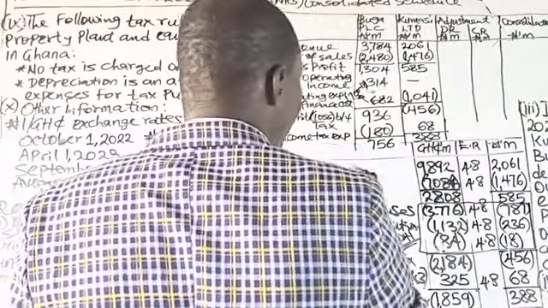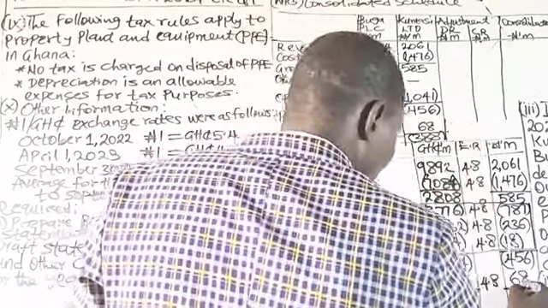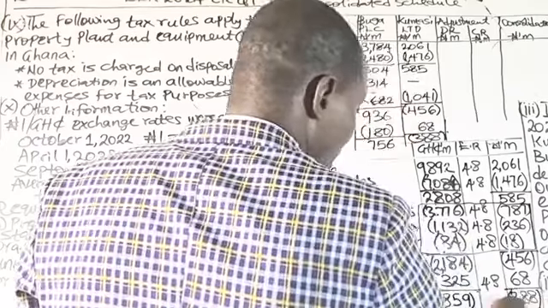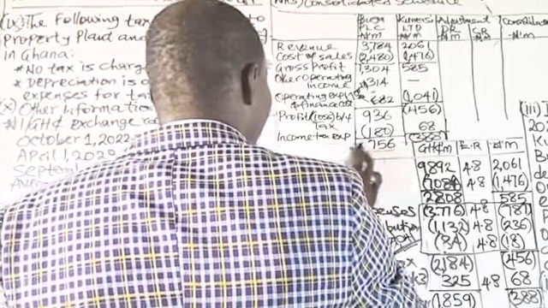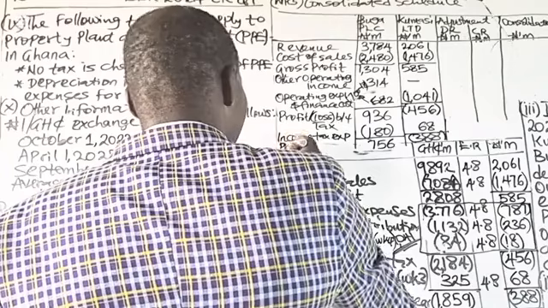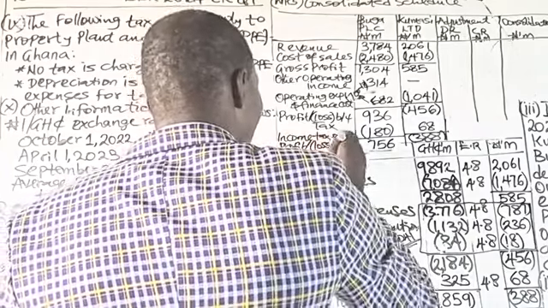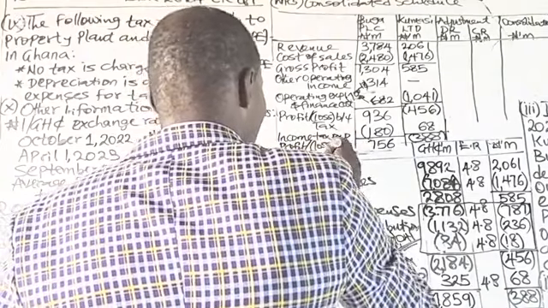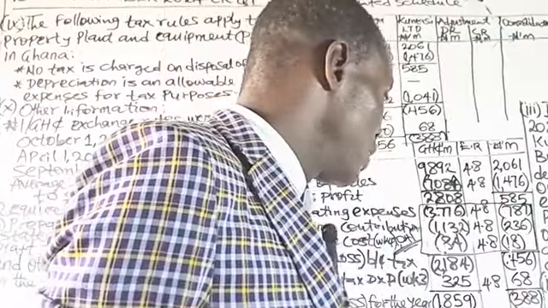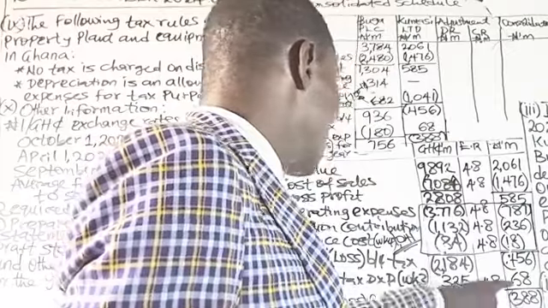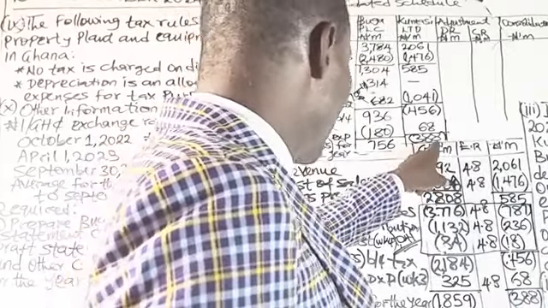This is negative. Let me note it. Profit or loss for the year. Minus 456 plus 68 will give you minus 388. So this is negative. So take note of that. That is why I put this in braces.